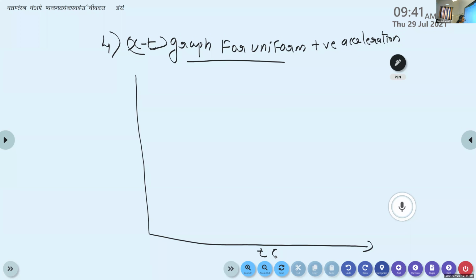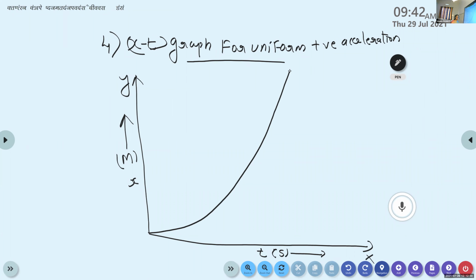Time in second is taken along the x-axis, position in meter is taken along the y-axis. The graph will be a curved line. Instead of a straight line, it is a curved line.